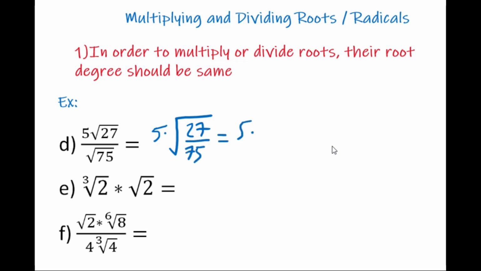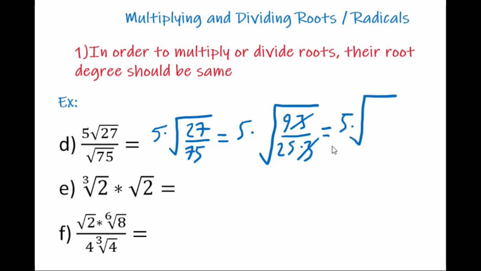So this is going to be equal to 5 times square root of 27, which is 9 times 3, divided by 75, which is 25 times 3. And these 3's are gone because you can simplify the expression. So this is going to be equal to 5 times square root of the leftover, 9 divided by 25, which is the square of 3 over 5.